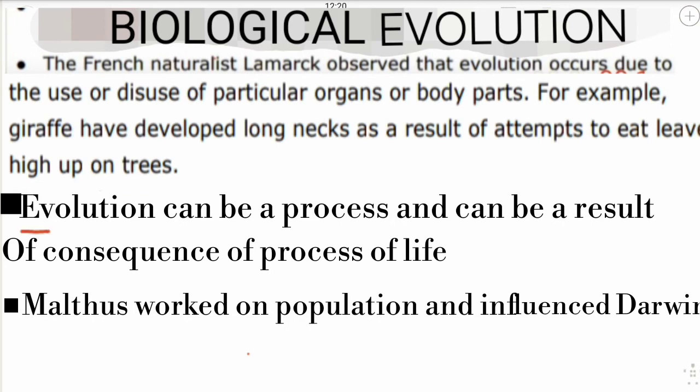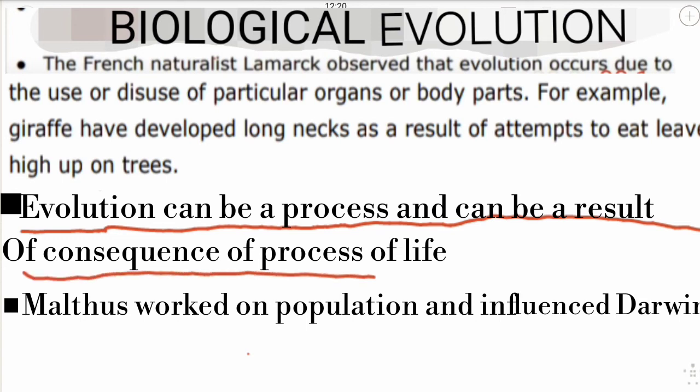Next point. Evolution can be a process and can be a consequence of a process of life. So these are two statements, right? We find animate as well as inanimate things all around us.